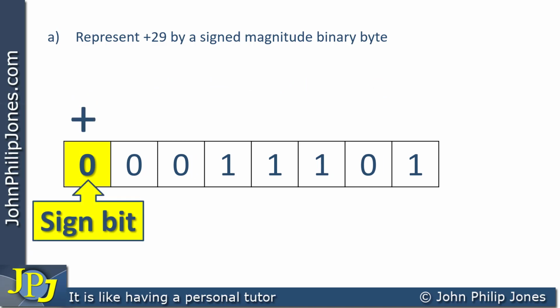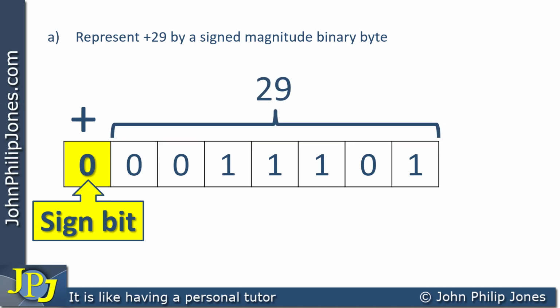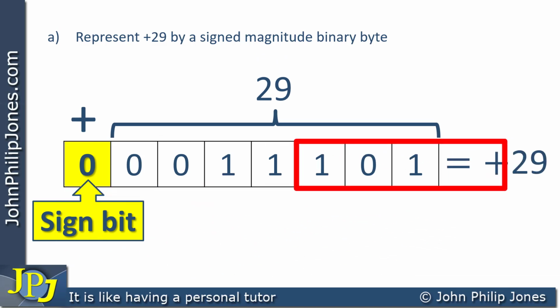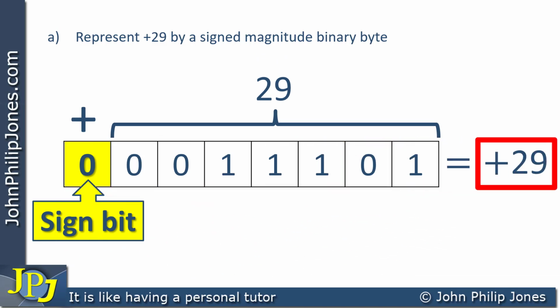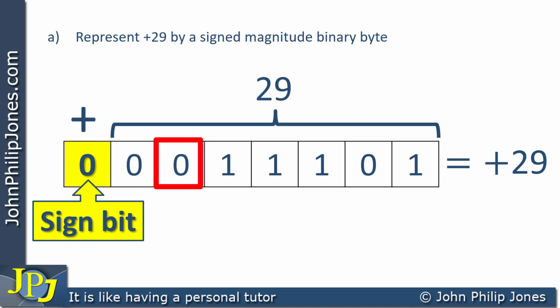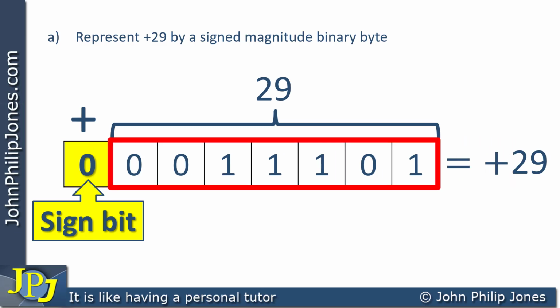And this is the sign bit, and because it's 0, it's positive. Now the remaining bits, and there are 7 of them, that's the magnitude, and they form 29.